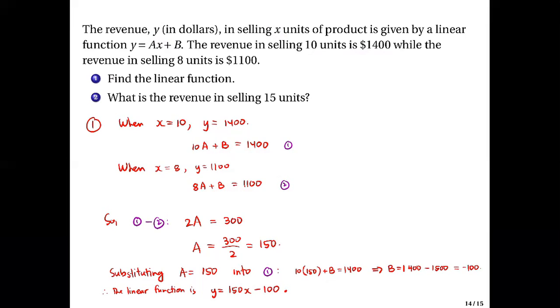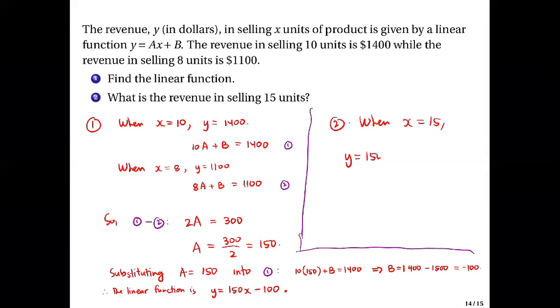For part 2, all we need to do is to substitute x equals 15 units in the equation that we found. Okay? So when x equals 15, y will be equal to 150 times 15 minus 100. So if we do this, we will get 2,250 minus 100.